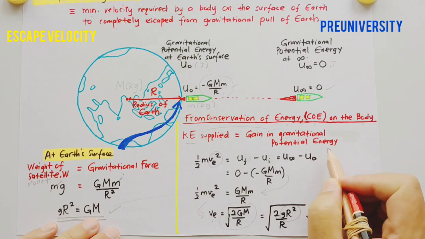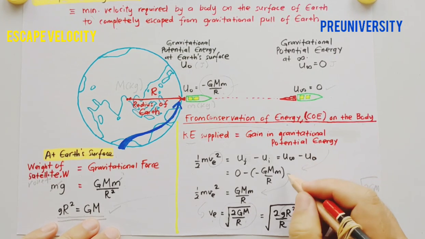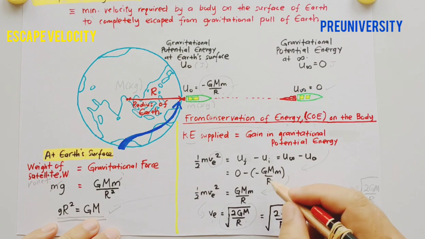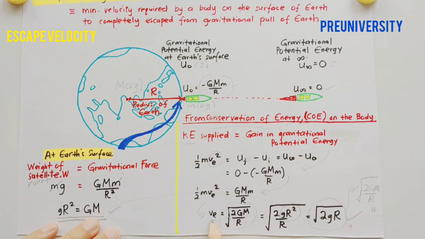Then we manipulate all the equations, and we can get the escape velocity is equal to the square root of 2GM over r, or we can get it from the square root of 2gr. R is the radius of Earth, g is the gravitational acceleration, G is the gravitational constant, M is the mass of Earth. For that, thank you.